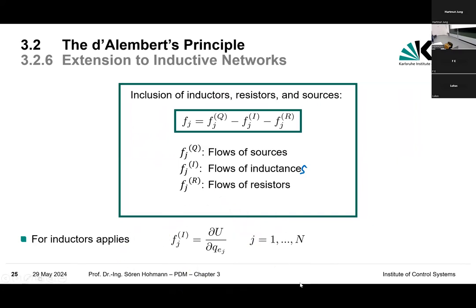In chapter 2, where I define the energies of inductances and capacitors, I already related the flow and effort variables to the various energy variables. If I derive the stored energy in the inductance storage with respect to the generalized variable, then I get the flow. You can test it with your electrical engineering knowledge for the coil inductance, and you will end up with this expression.